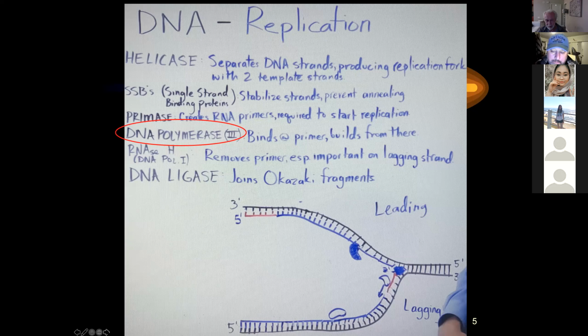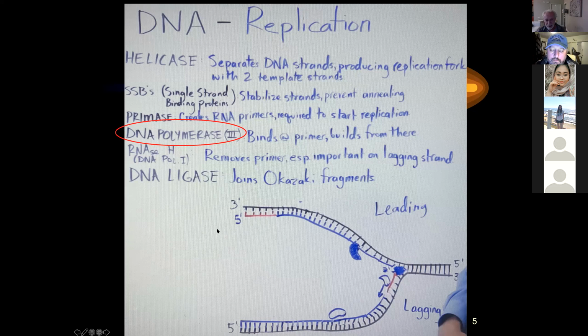Okay. So they're little short proteins that just bind to the DNA, and their sole function is to keep it from reannealing. But first of all, primase goes in, and remember, the primer is not DNA. The primer is RNA.